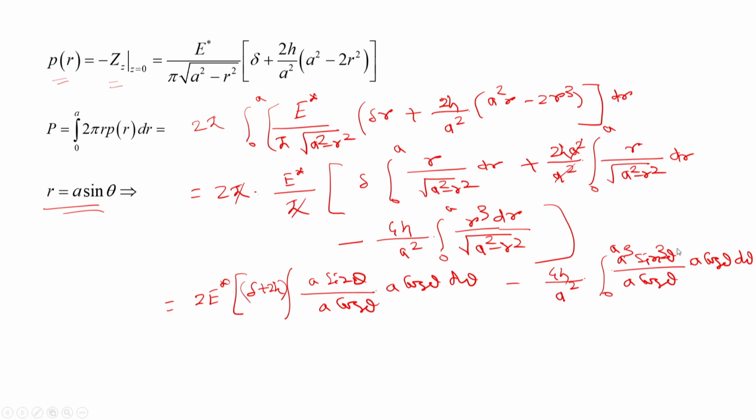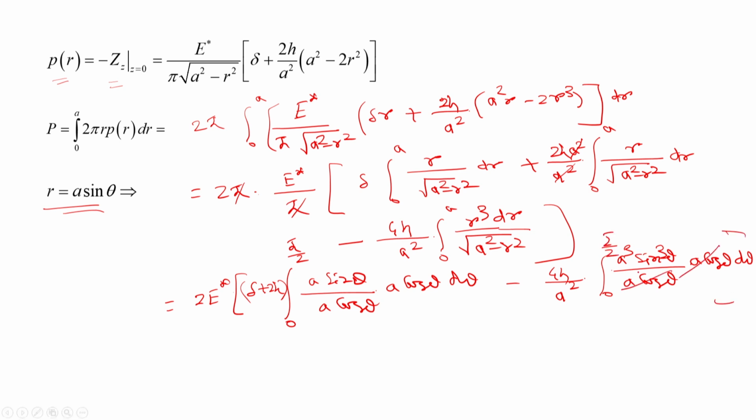At theta equal to 0 you have r equal to 0, and at r equal to a, theta should be pi by 2, so let us write the limits 0 to pi by 2, right, looks good.